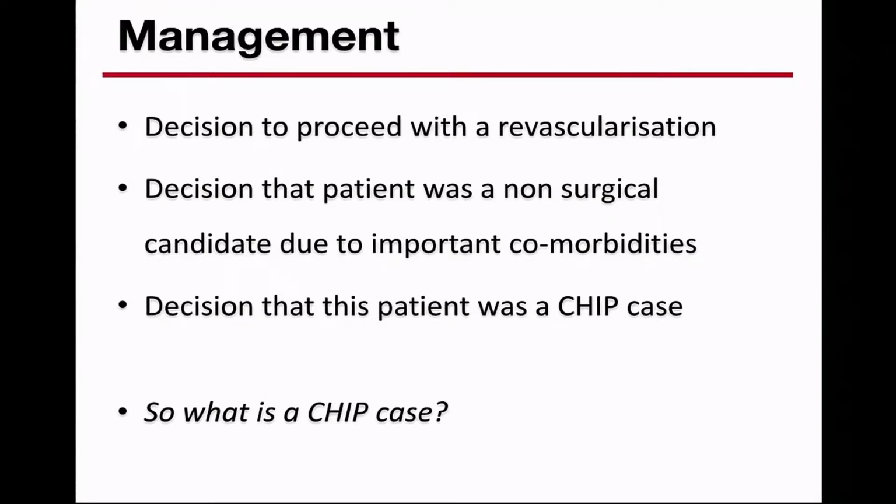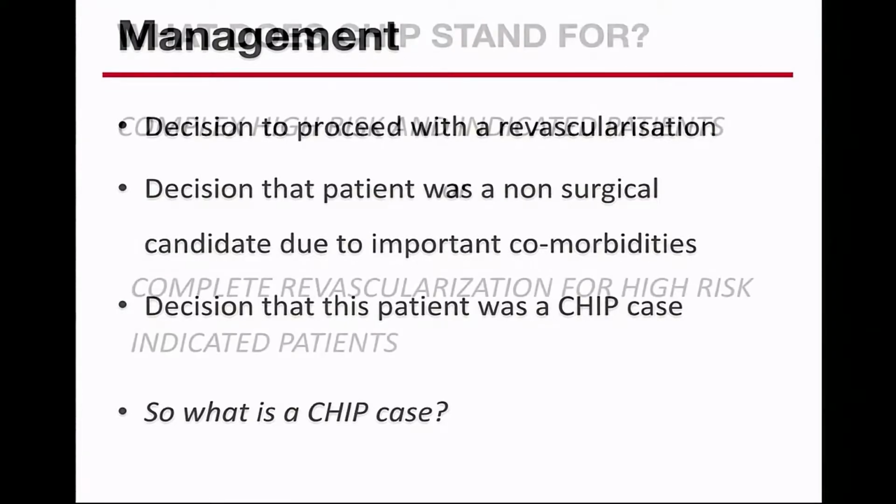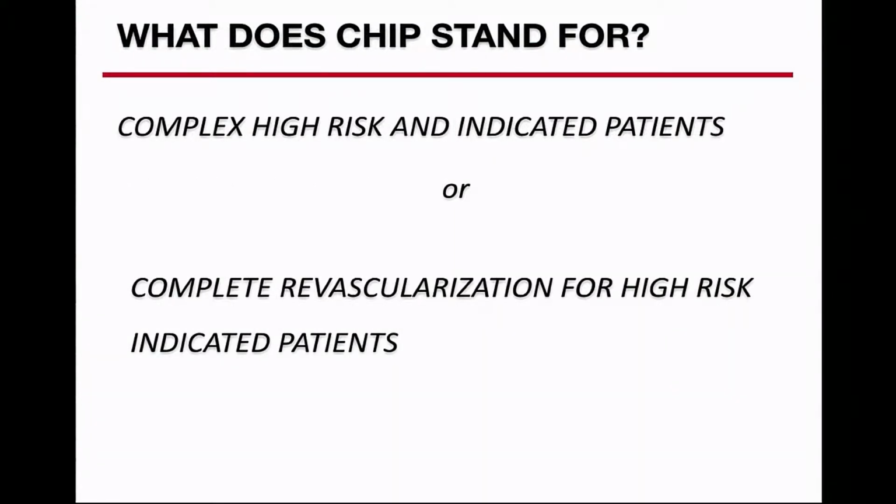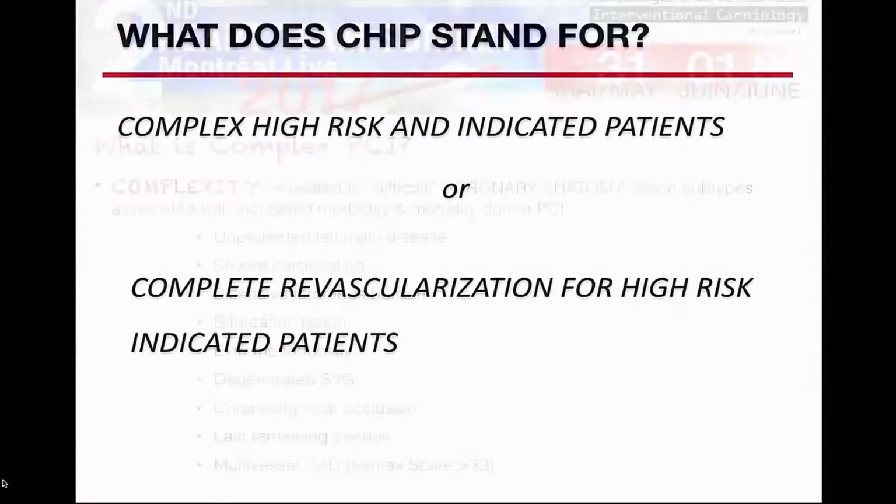So very quickly, what is a CHIP case? CHIP stands for two things. The acronym usually refers to complex high-risk and indicated patients. And more recently, some have started talking about the concept of complete revascularization for high-risk indicated patients. Again, indicated patients are the key words here.